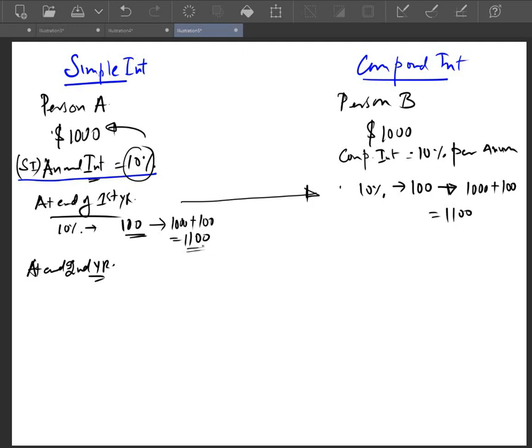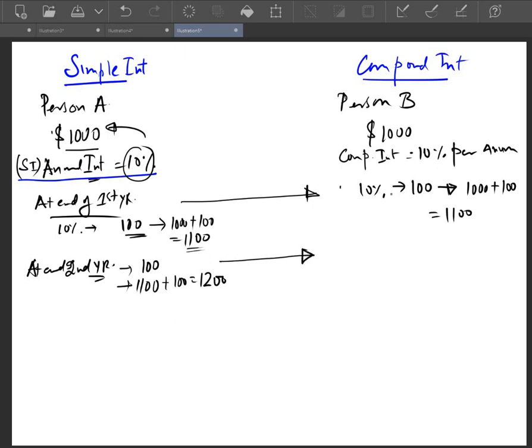So the bank disregards $1,100 and again pays him $100 of the original amount invested. So now this person's balance at the end of second year is 1,100 plus 100, which is $1,200.